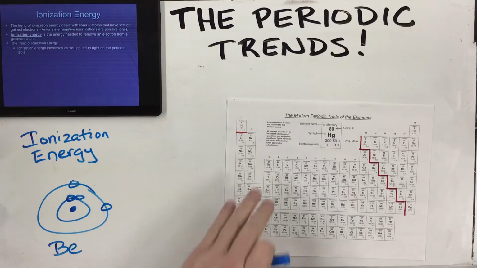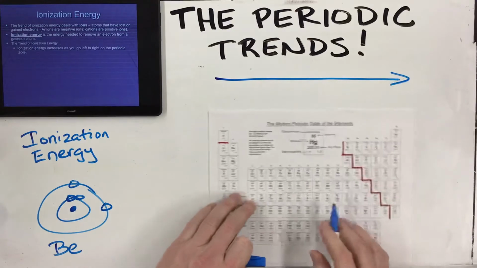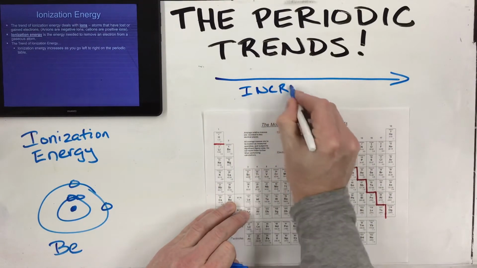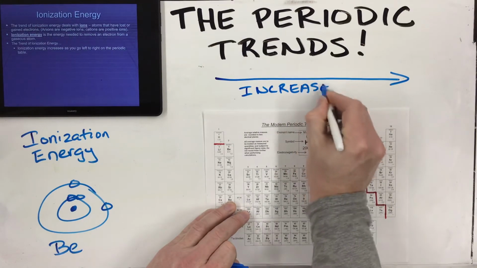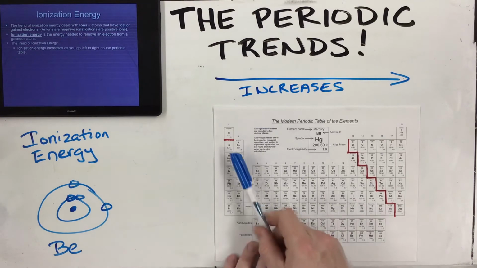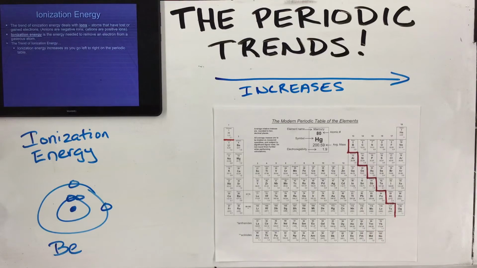So, as we go across, ionization energy increases. Why does it increase? Well, think about the atomic radius discussion we just had. We continue to add protons as we go across any of these horizontal rows.